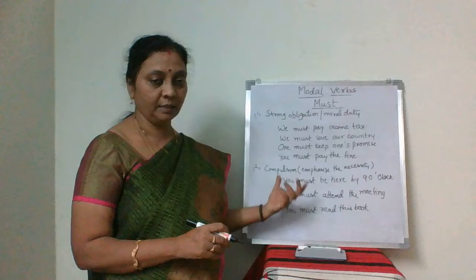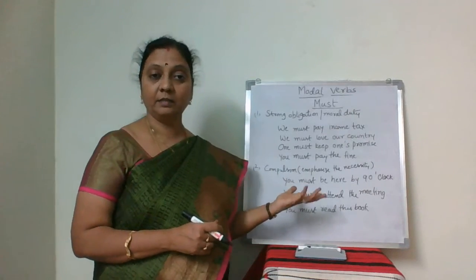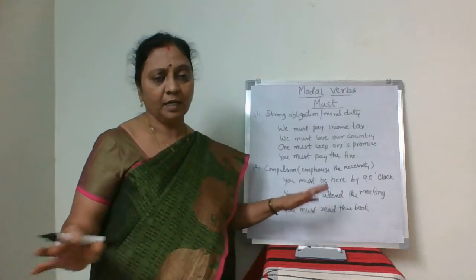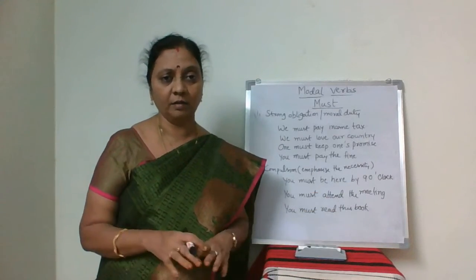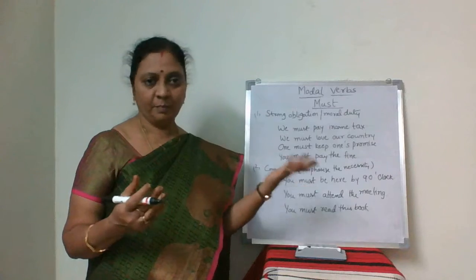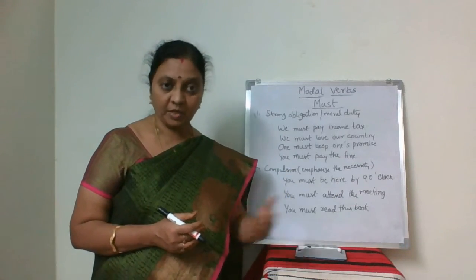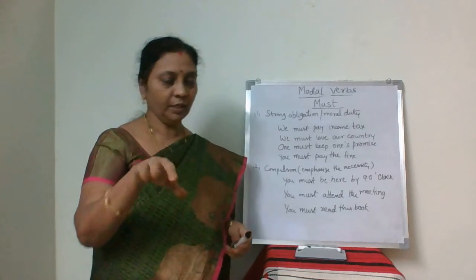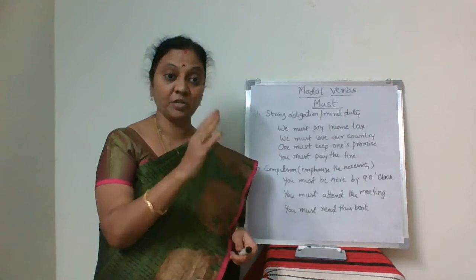But if something important is there the next day, then you say you must be here by 9 o'clock. All of you must be here. Or the boss may give this instruction to the staff: you all must be here by 9 sharp.